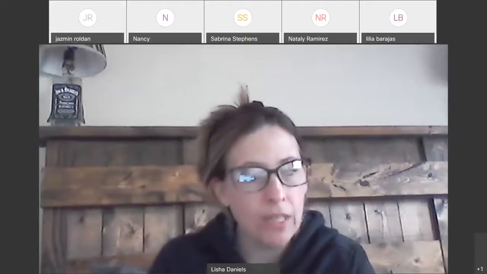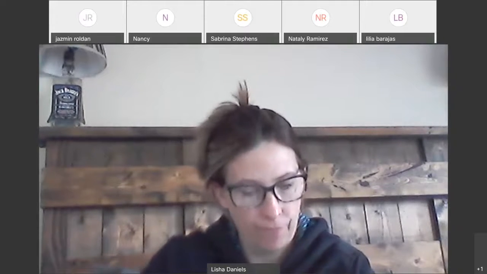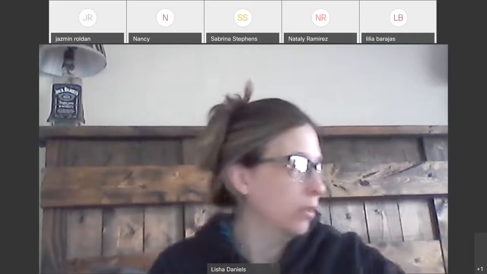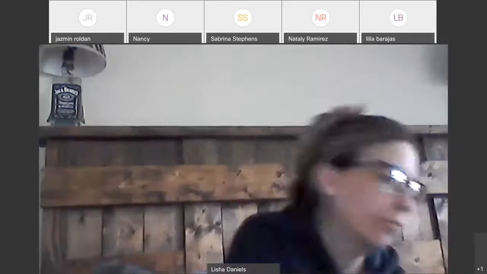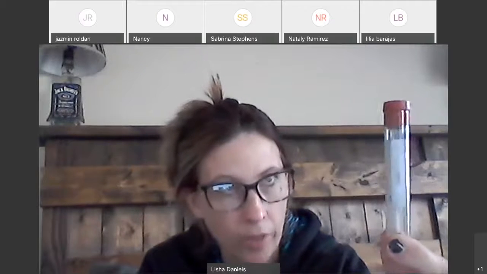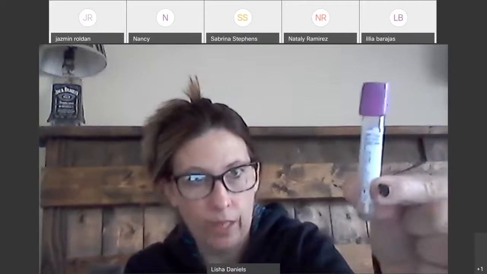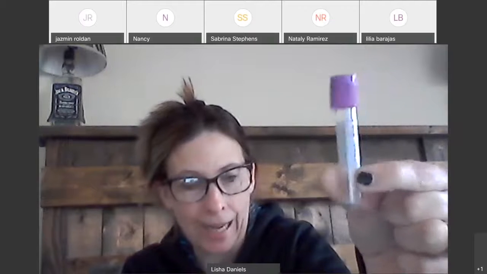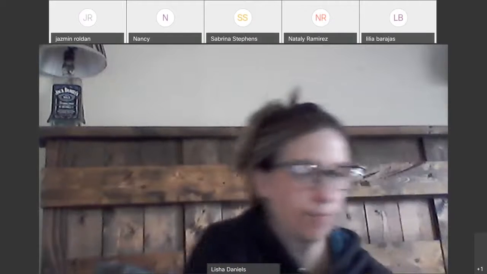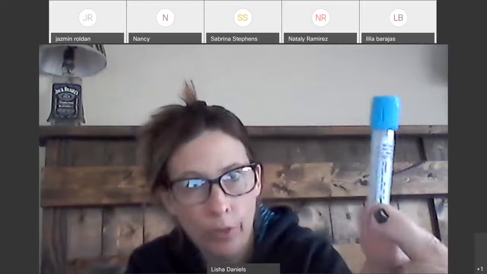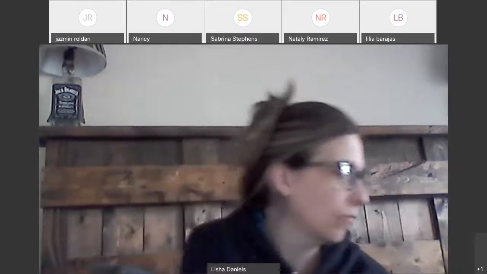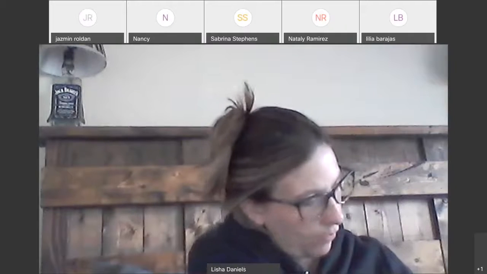All right, so figure 17.14. We have our red tube, no anticoagulant. I have our lavender, it's got our EDTA. We have a light blue. See if I have a green.